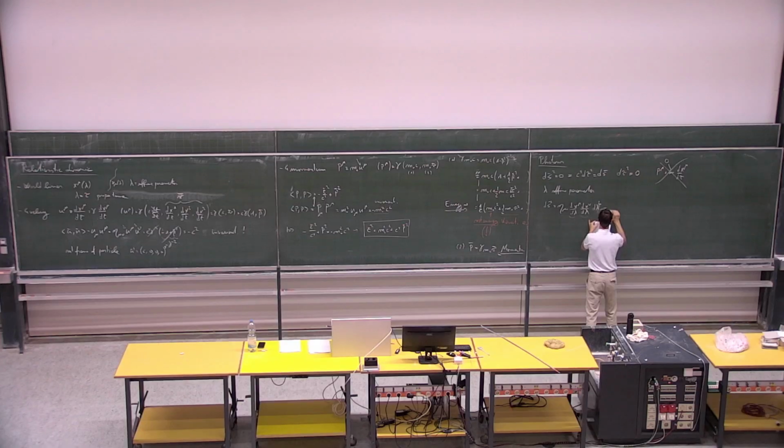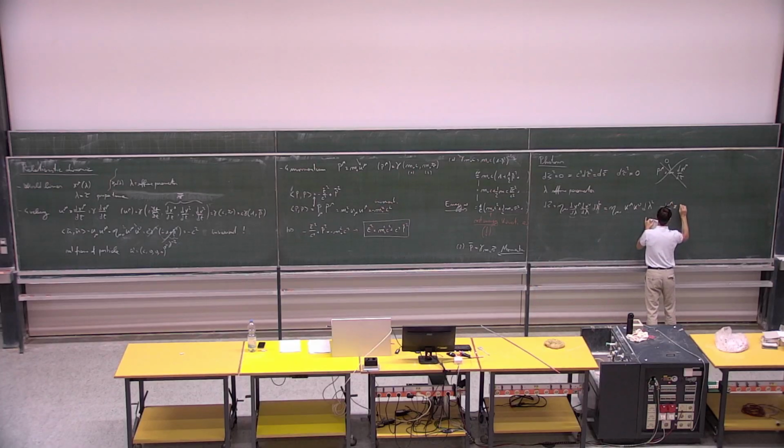Let's call it k. So we have our metric, g_mu nu, k^mu and k^nu, times d lambda to the power of 2. We call this k, which is defined as k^mu equals dx^mu over d lambda, the wave vector.